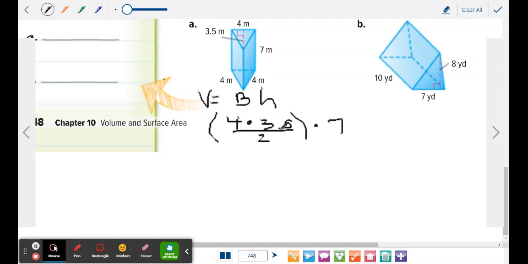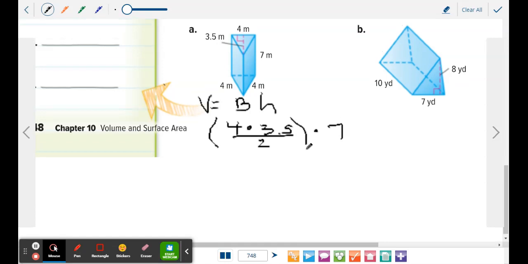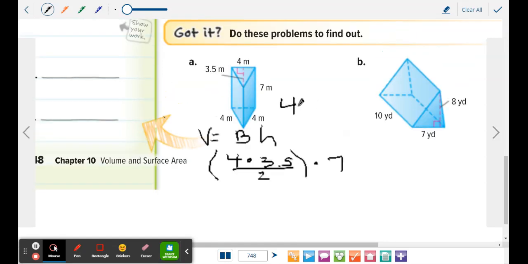So you're going to do 4 times 3.5, divide that by 2, and then multiply that by 7. Raise your hand when you got it. Rebel, what'd you get? 49 meters cubed.